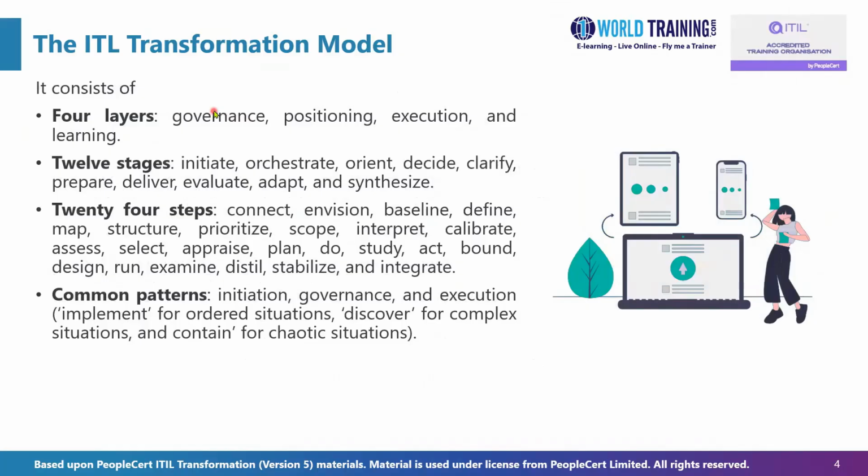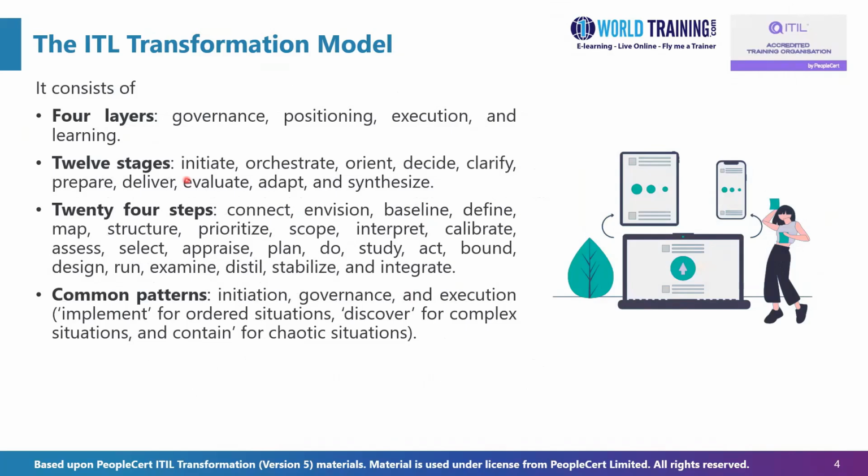So this ITIL transformation model consists of layers, stages, steps, and the patterns. The 4 layers, as you already know from a previous recording: governance, positioning, execution, and learning. 12 stages, we have touched very lightly on these. We have named them already in section 1, part 2.